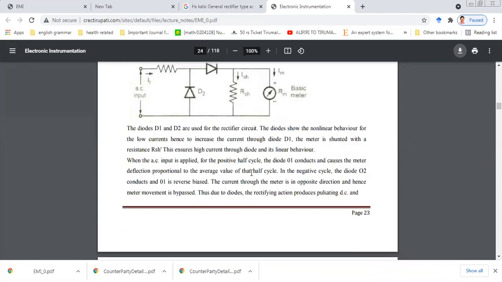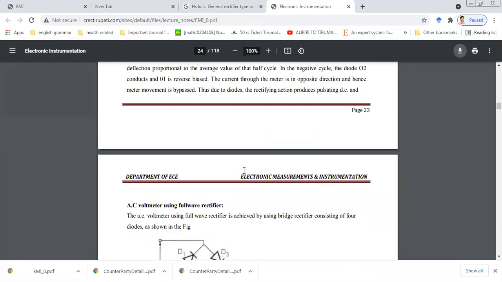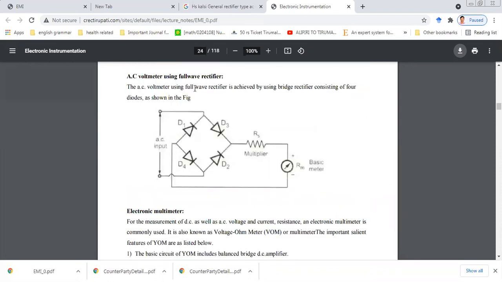Okay, and coming to AC voltmeters using full wave rectifier. In this case, the AC voltmeter using full wave rectifier is achieved by using a bridge rectifier consisting of 4 diodes. All of you know that the bridge rectifier has 4 diodes.